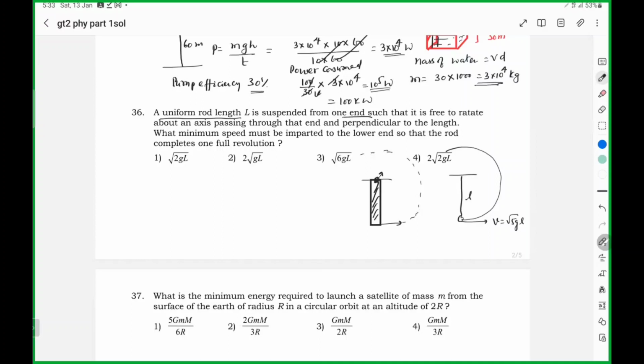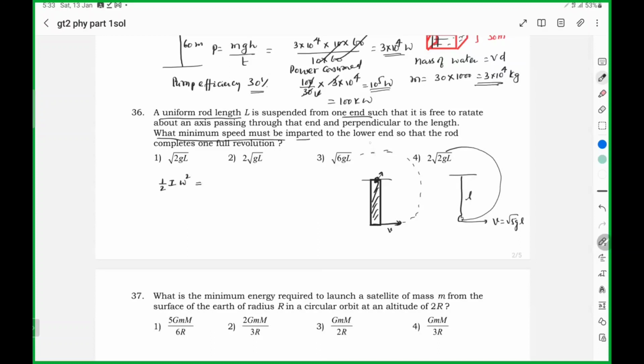So what is the maximum speed that must be imparted? Once this body rotates with a velocity v, since it is a rigid body, that is the total rotational kinetic energy.